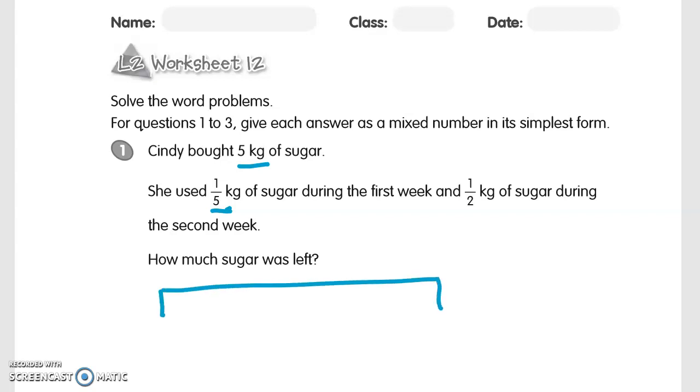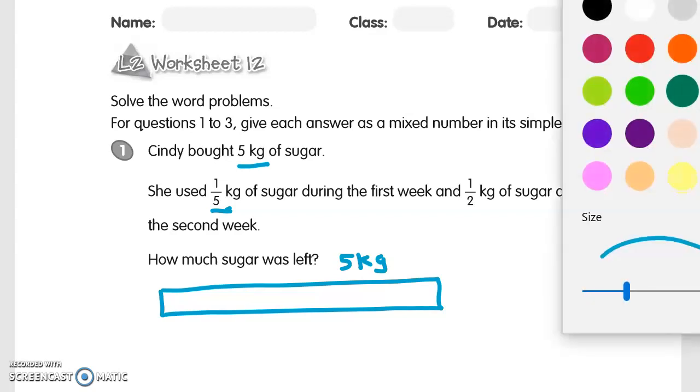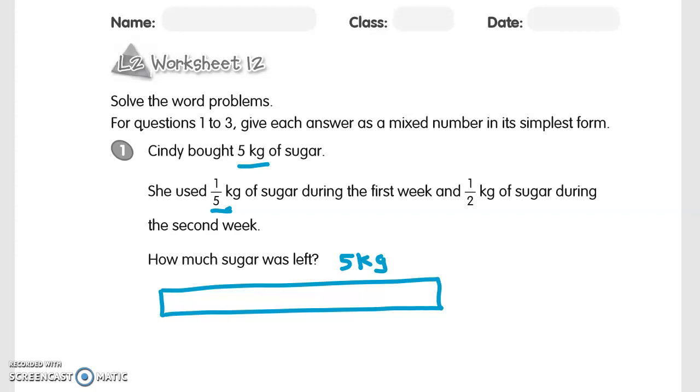Okay, so if we have a model, we'll draw this total, which is 5 kg. Okay, so on the first week, she used 1/5 of a kg. And on the second week, she used half a kg.